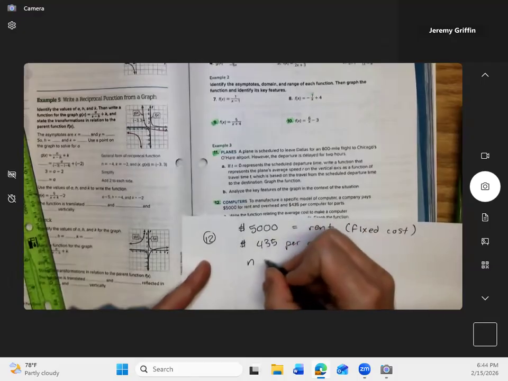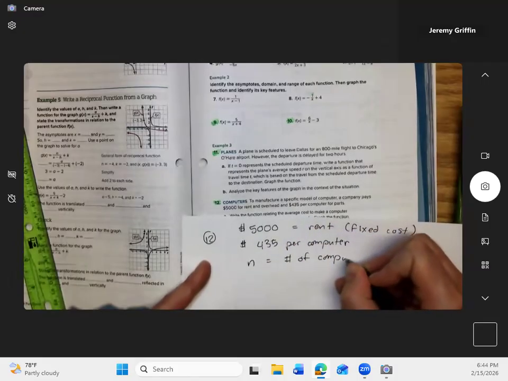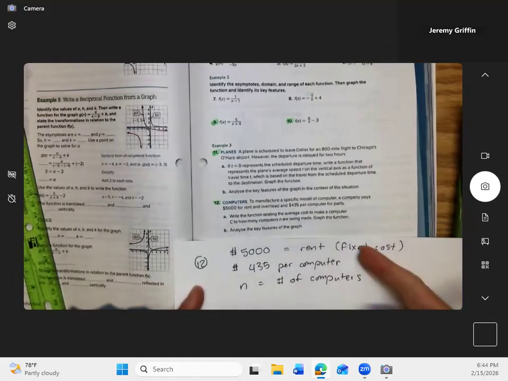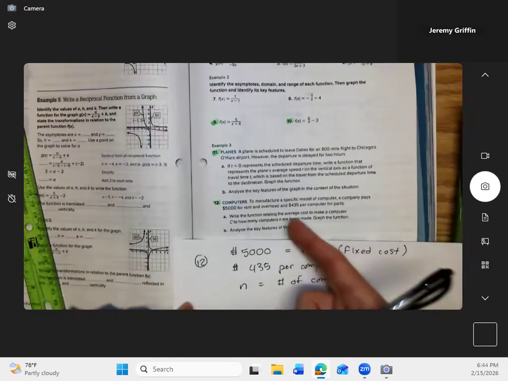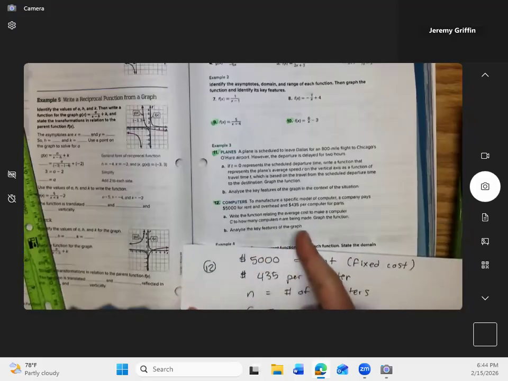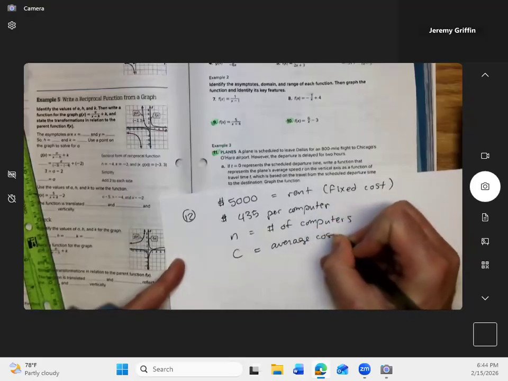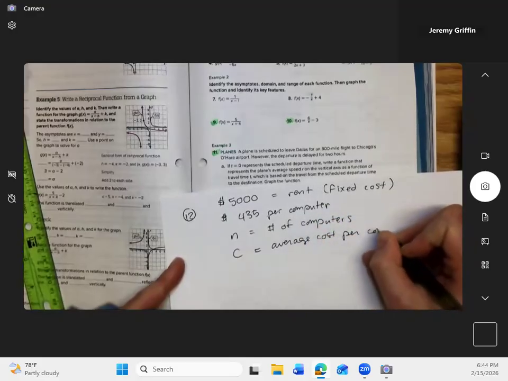N equals the number of computers they manufacture. And C, what is that? Average cost per computer.